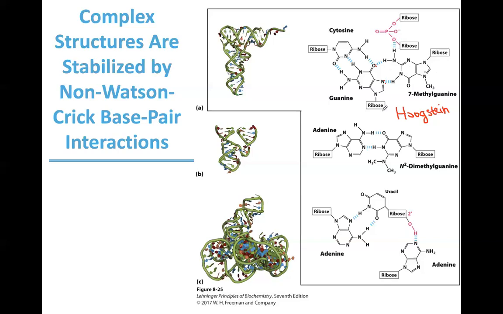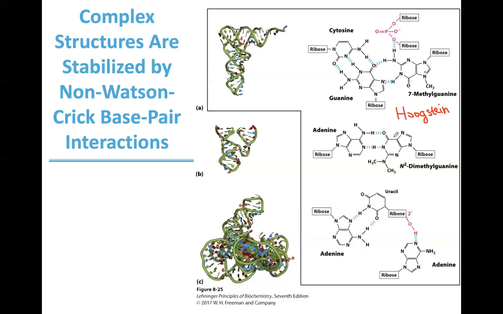This is a particular motif where this nitrogen lacks hydrogens, so adenine will form a base pair with this kind of dimethyl guanine, and a different kind. These kinds of hydrogen bonds are capable of forming different types of DNA structures.